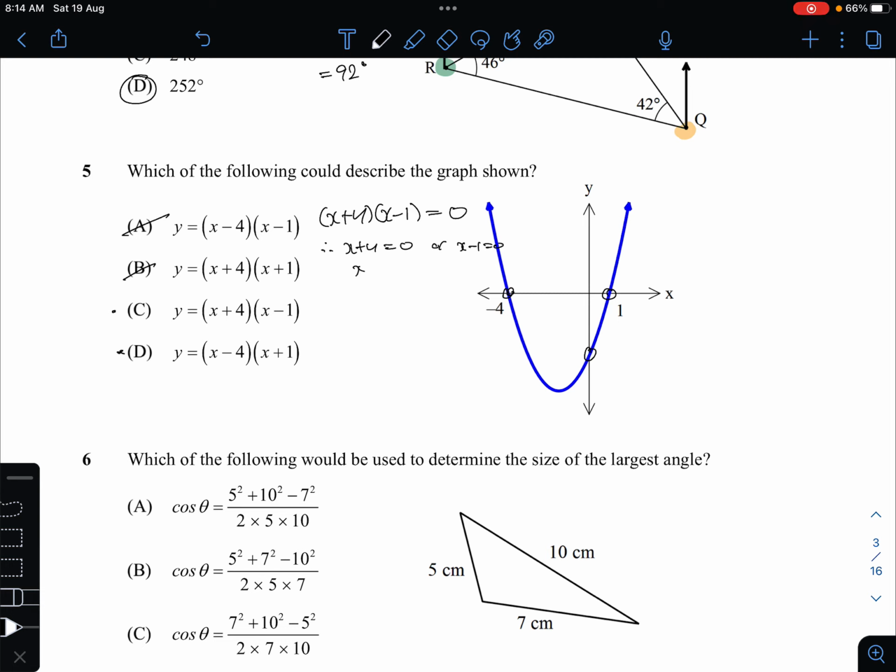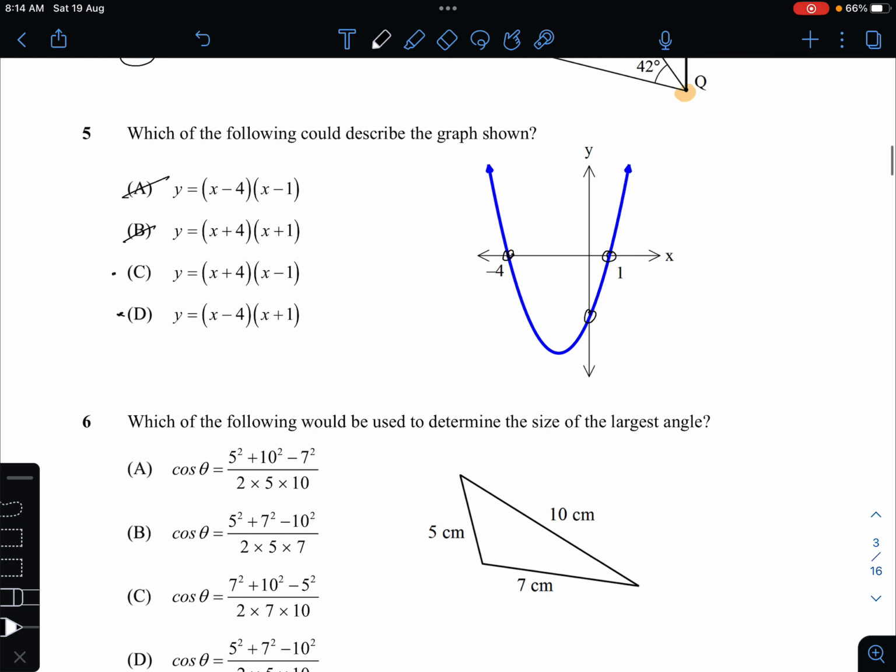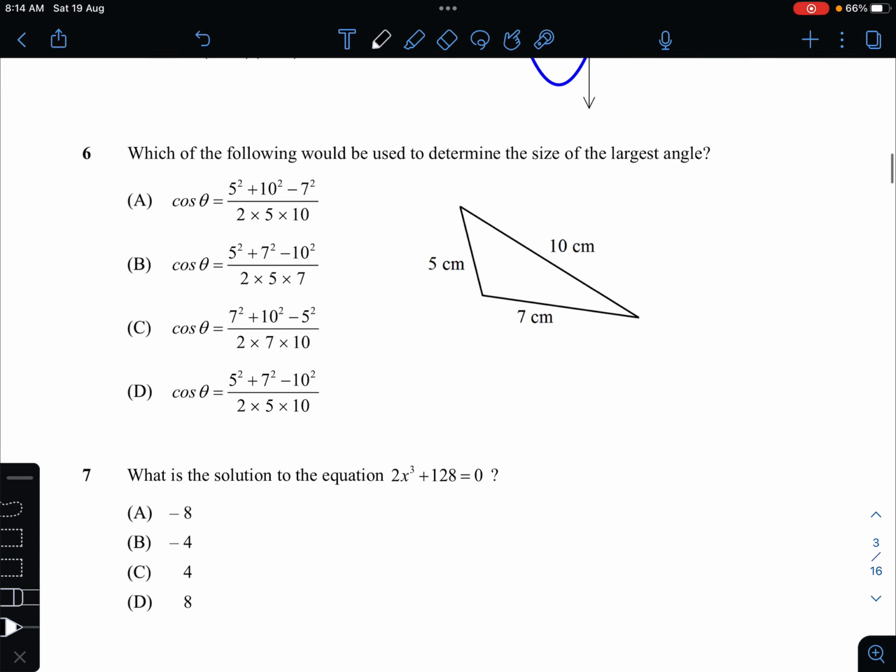X plus 4 equals 0, x equals -4; x minus 1 equals 0, x equals 1, right? Which is the x-intercept shown in the graph. Therefore, that is the correct answer. So just using the turning point, the y-intercept and the x-intercepts, we can immediately work out which one it is, right? So it's C. And we can move on to the next question.